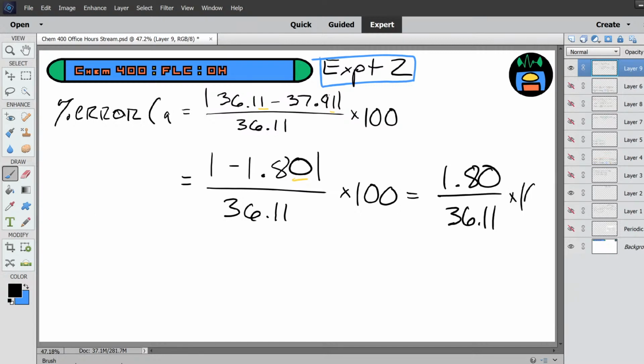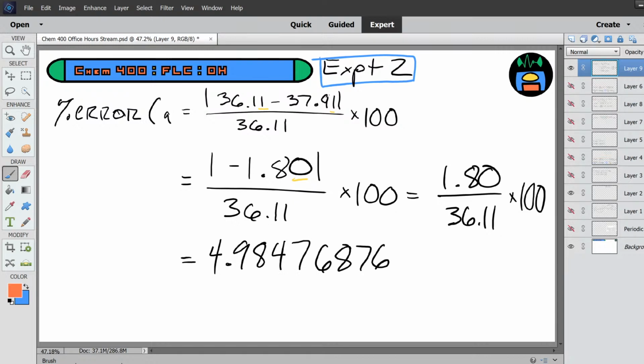36.11 times 100. Now 1.80 divided by 36.11, and then times 100, is 4.98476876. I have 3 significant figures in my numerator. I have 4 significant figures in my denominator.